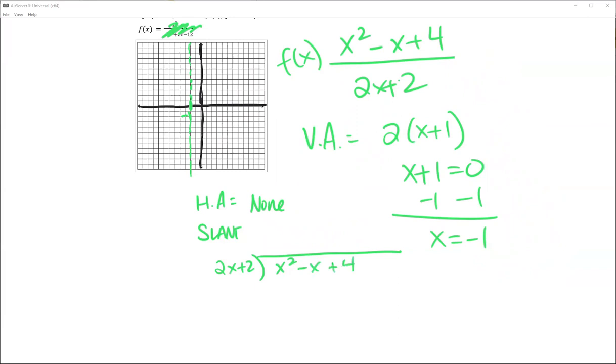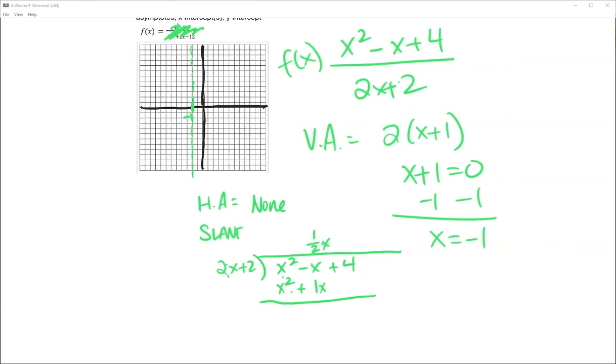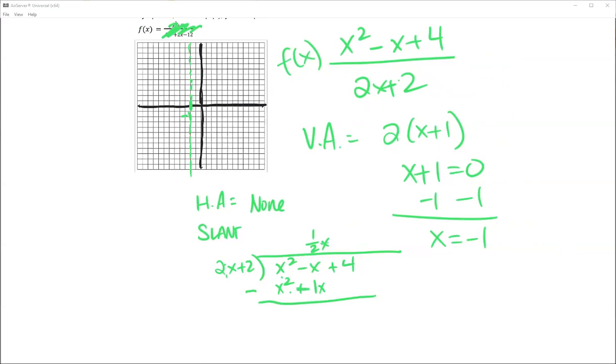So what happens here? What number times 2x equals x squared? It'll be 1/2 x, right? So it'll be x squared plus 1x. 1/2 times 2x is x squared. 1/2 times 2 is just 1x. You subtract it, this becomes a minus sign, so it'll be negative 2x plus 4.